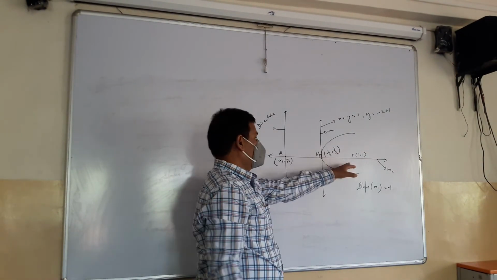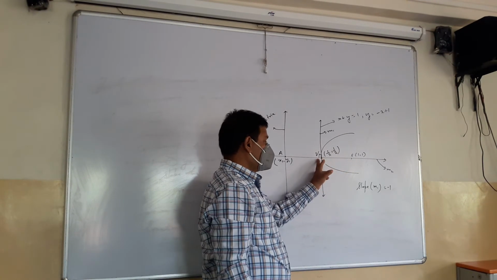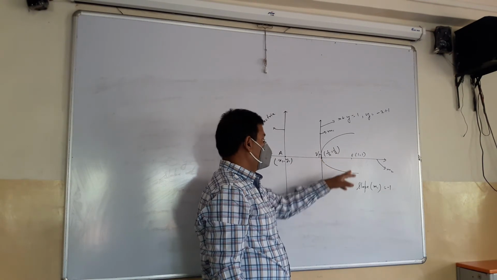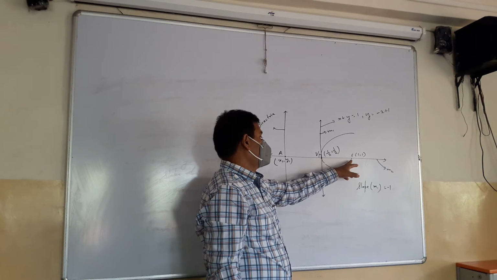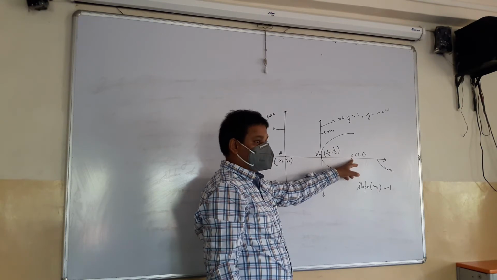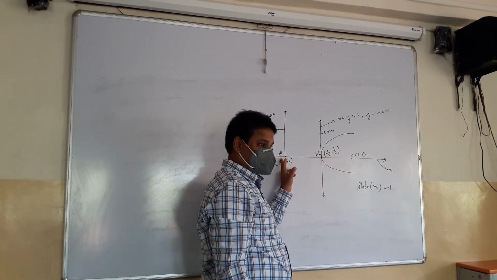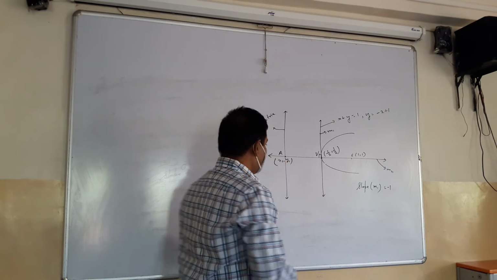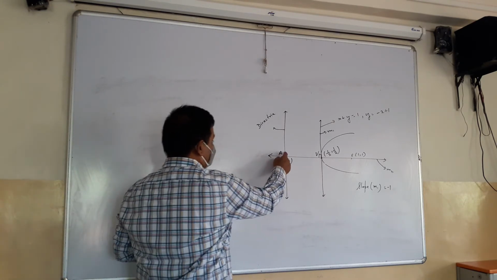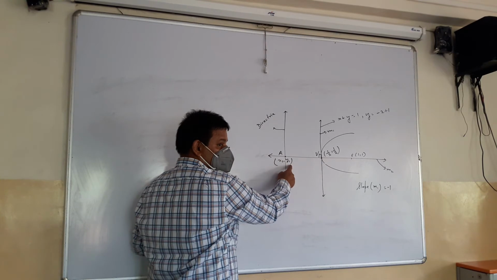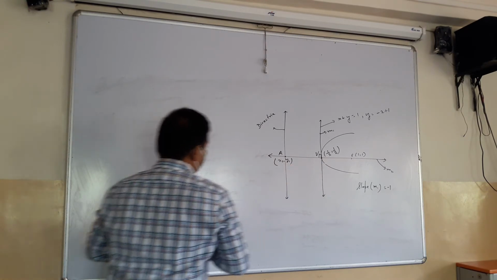We know that the vertex is the midpoint between the focus and the directrix. So let the point A be x1 and y1.